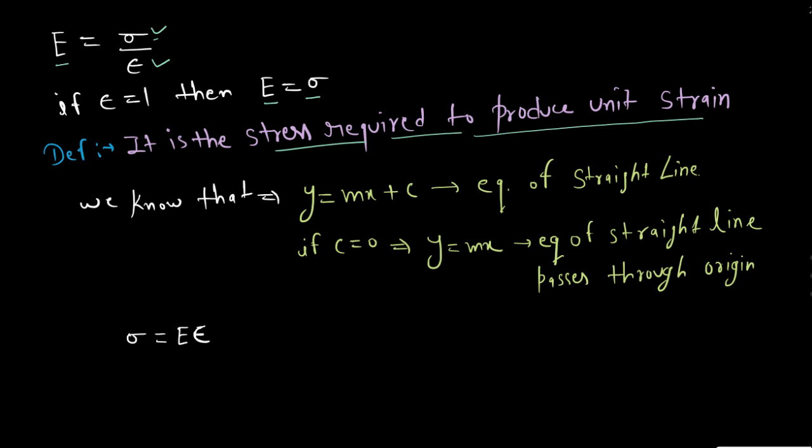From our class 9 or class 10, we know that the equation of a straight line is y is equal to mx plus c, where y and x are variables, c is an intercept, and m is the slope of the straight line. If I take the value of c as 0, the equation reduces to y is equal to mx, which represents a straight line passing through the origin.